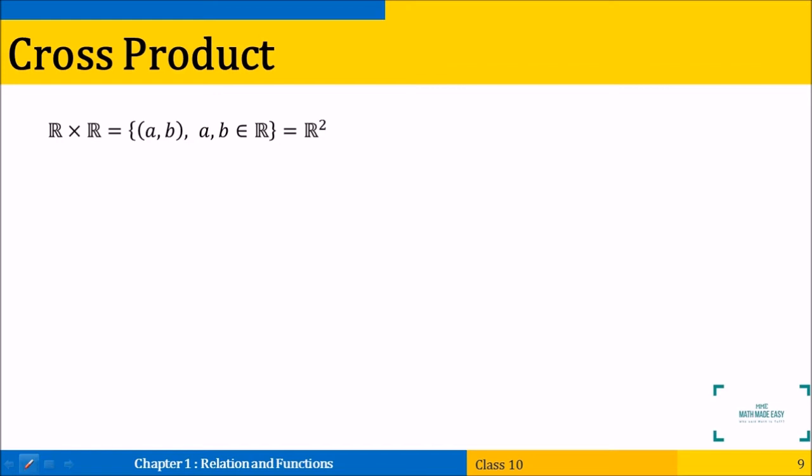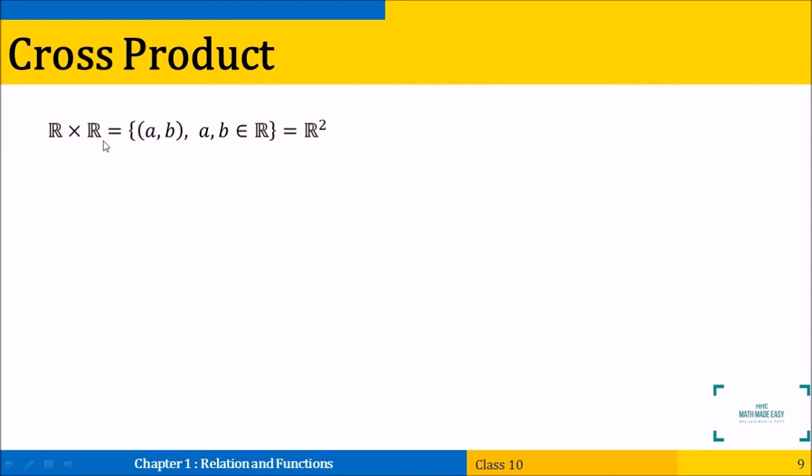We defined the cross product of the sets A and B as the ordered pairs (a, b) such that a belongs to the set A and b belongs to the set B. Since the sets A and B here are real numbers, the cross product of real numbers is going to be the ordered pair of real numbers, a comma b, where a and b belong to the real numbers, and we denote that as R square.